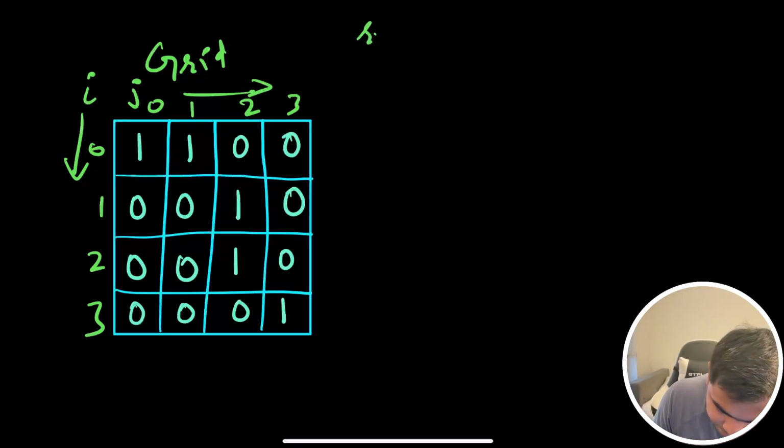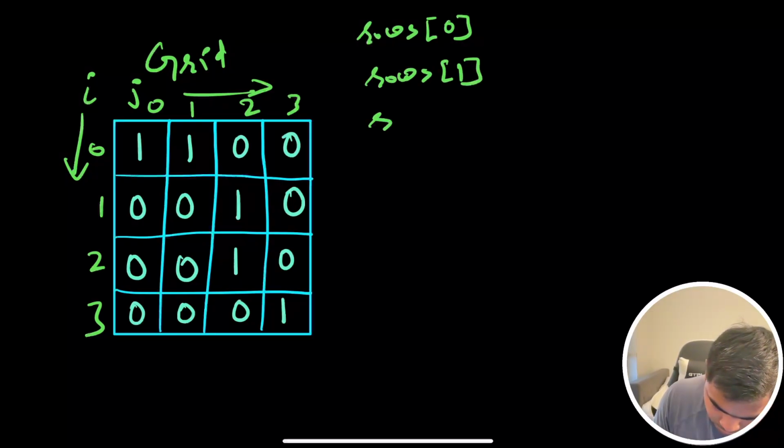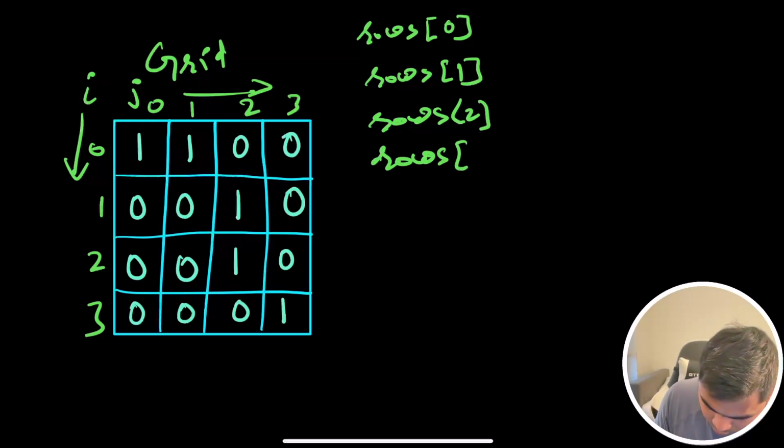So let's have rows: row 0, row 1, row 2, and row 3. Okay, this is rows. How about columns?